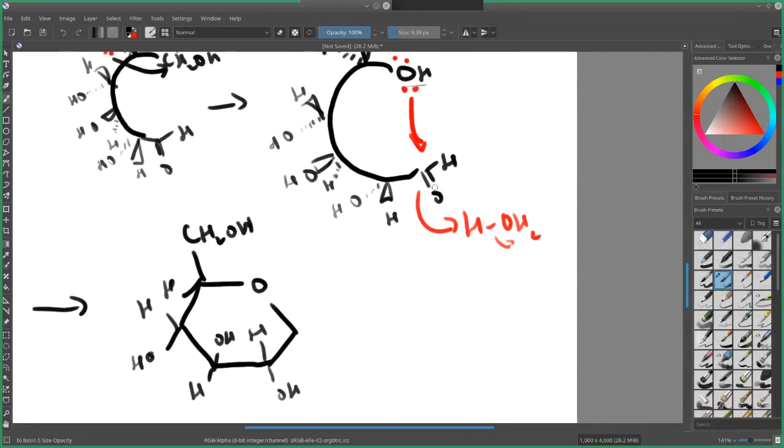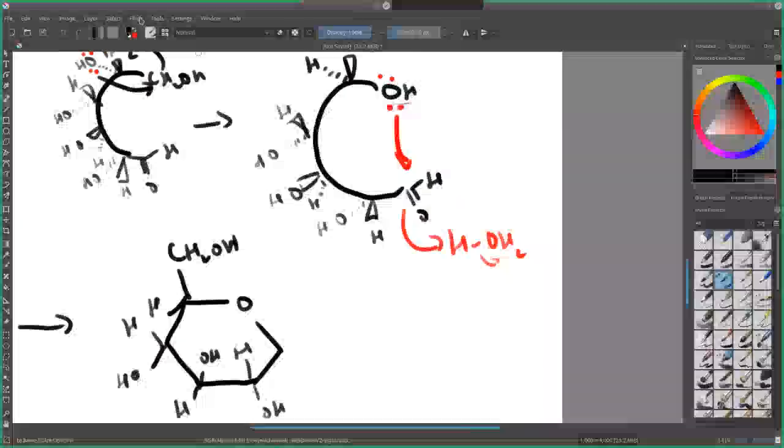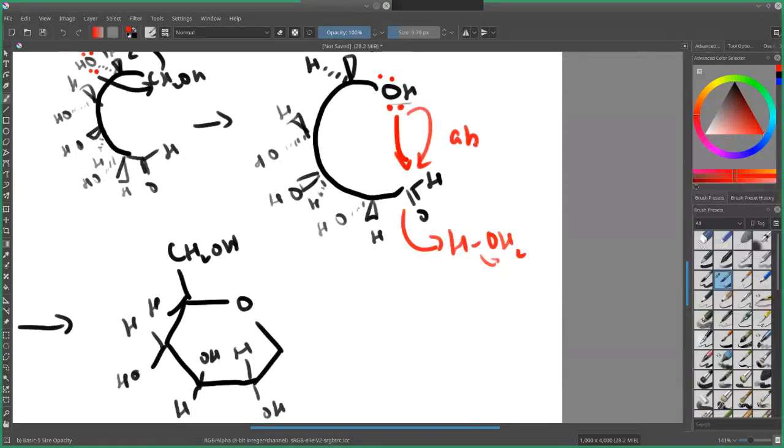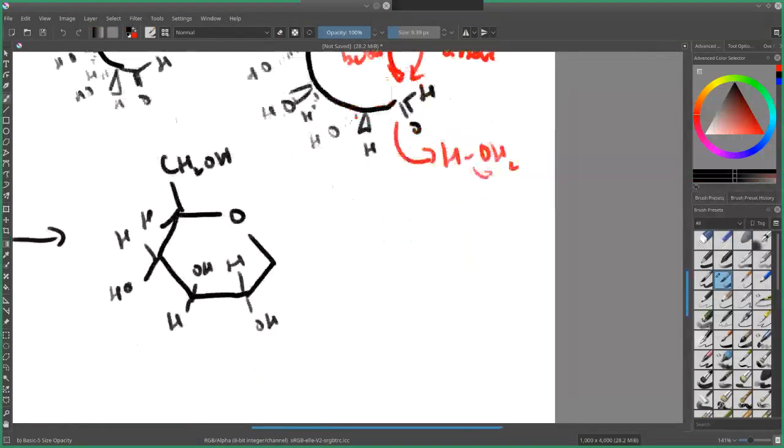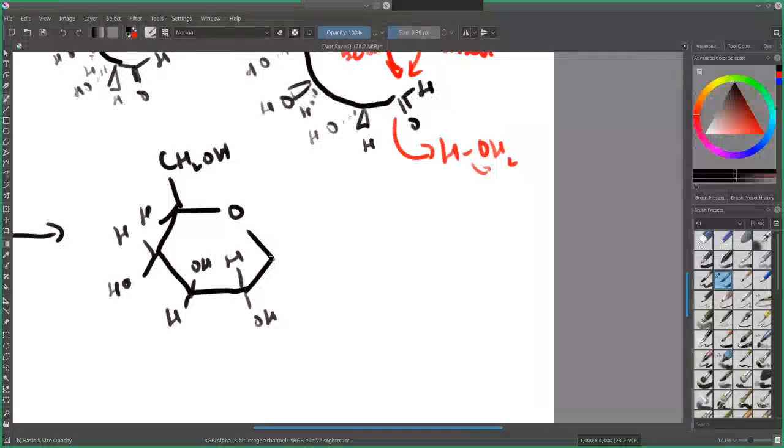Okay, and I didn't say anything about this aldehyde here at the end. I didn't say whether it's going up or down. All right, and so the thing is, this attack can be coming from above or below. So what happens is that we can either have the OH going like this and the H like this, or we can have the other way around, which is the OH like this and the H like this.